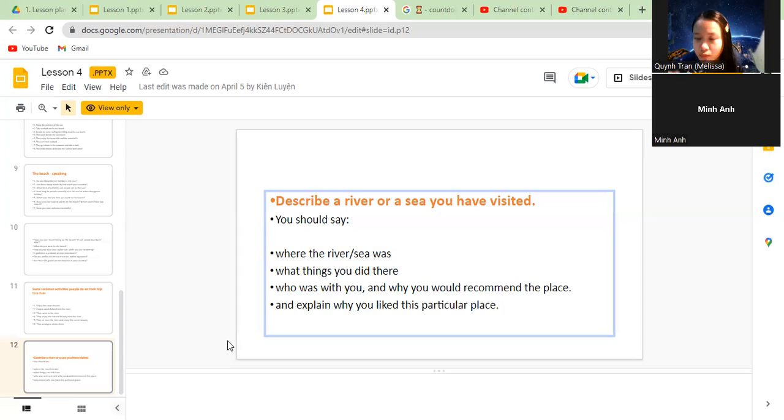Which are your favorite collocations that you use there? That's the Charlie River. What?